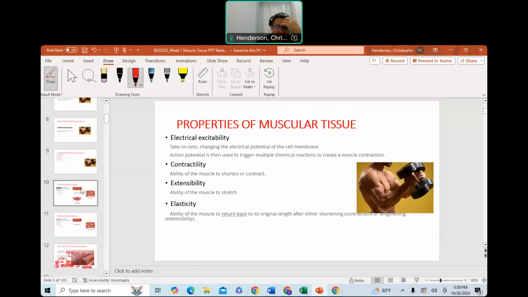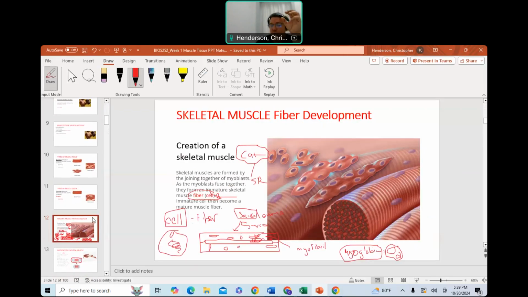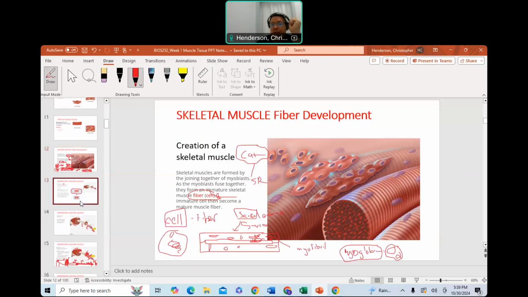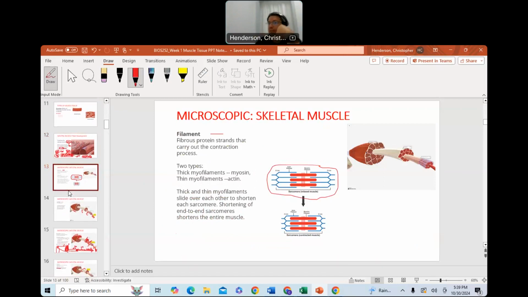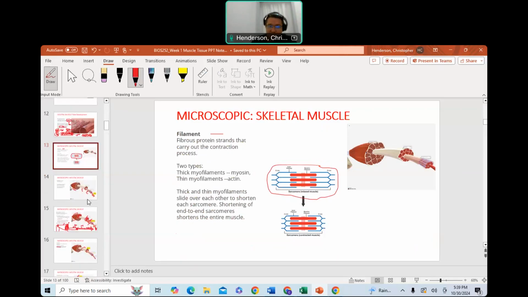Then be able to draw and label all the parts of a muscle fiber, aka a cell, and then be able to explain to me how a whole muscle is organized. Start from the smallest and go to the biggest, start from the biggest and go to the smallest. So this is something you have to practice. You're not just going to understand this. You got to draw it out.